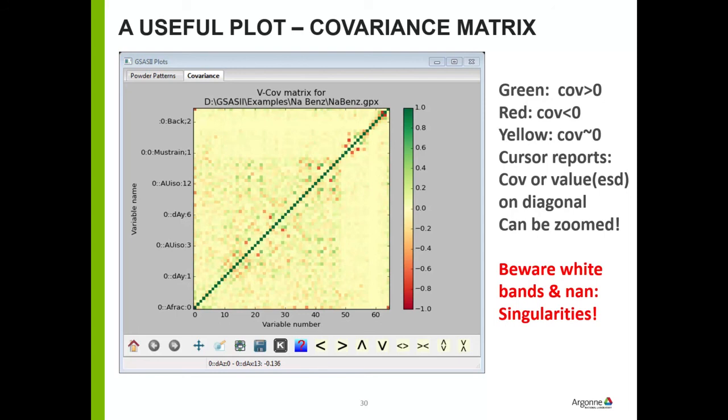Mellow yellow, you know. The green diagonal simply represents the self terms, and what's actually in there is going to be the value and the ESD. The thing to beware of is if you see white bands or not-a-number values reported, that's because there are singularities in your refinement.